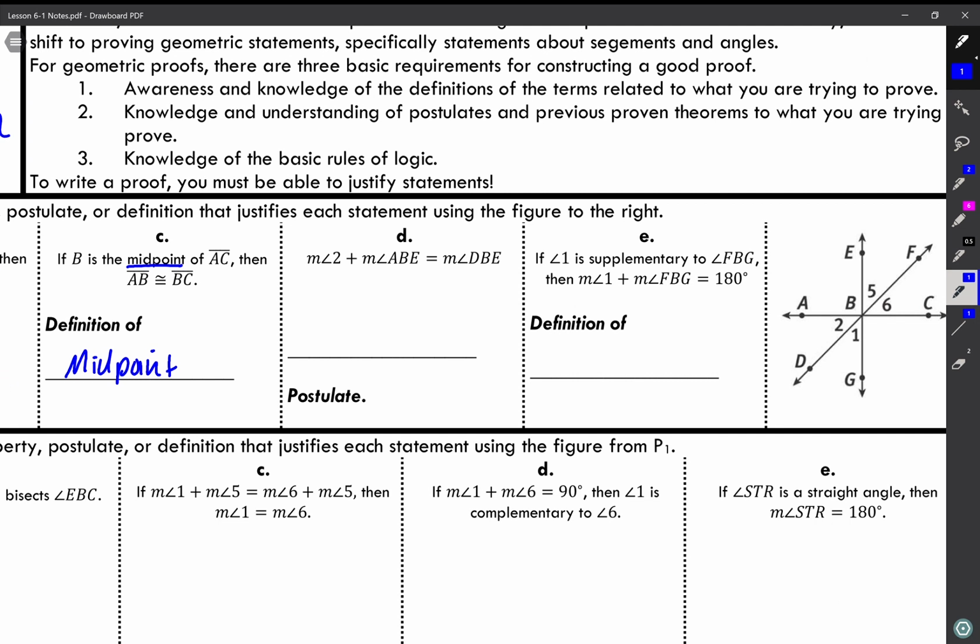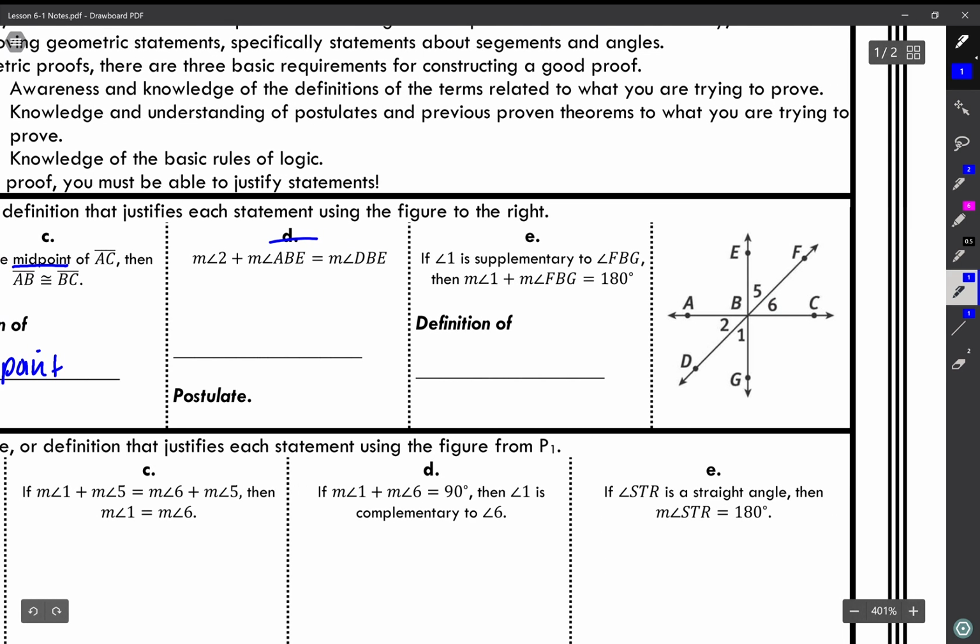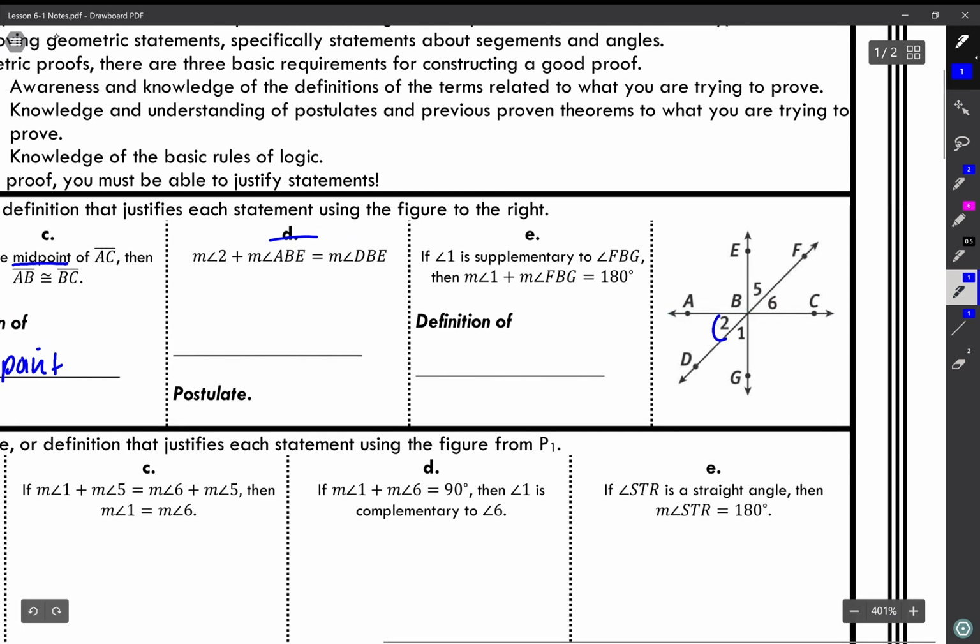The measure of angle 2 plus the measure of angle ABE is equal to the measure of angle DBE. We're on D right now. So if we look at our graph, we have angle 2 and we have angle ABE. So it says the measure of angle 2 plus the measure of angle ABE is equal to the measure of angle DBE, which is the whole angle, right?